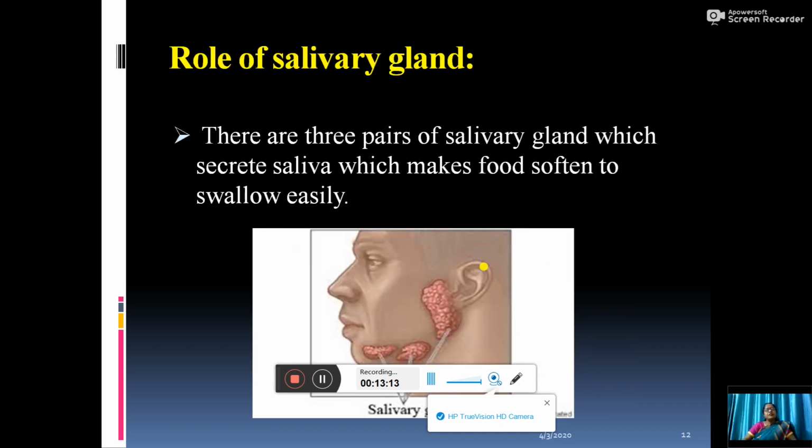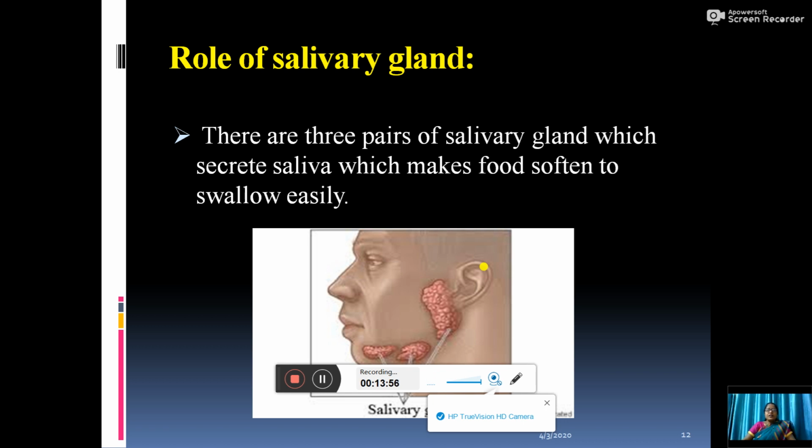Again I want to explain the role of the salivary gland. Children, you know the watery liquid that is secreted in our mouth, very common, that is saliva. This saliva is secreted by our salivary glands. See the picture of how the salivary glands are located in our mouth, in three pairs.